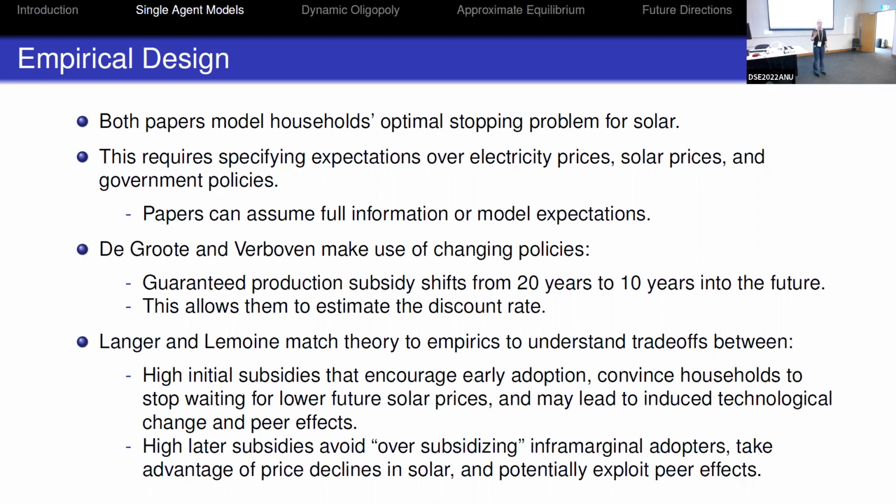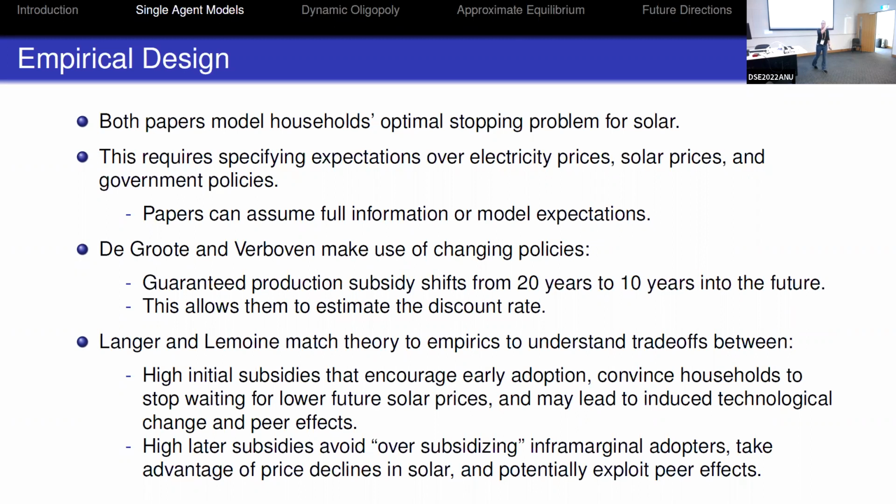And importantly, I told you there were these step patterns of how subsidies step down. And you see in the data over and over again, these big spikes in adoption right before the decline in the subsidy. Makes sense, of course, right? If I can take advantage of a higher upfront subsidy today that I won't be able to do tomorrow, that's going to discourage me from maintaining the option value of not having installed yet, right? And so I'm going to have the incentive to sort of hop to it.